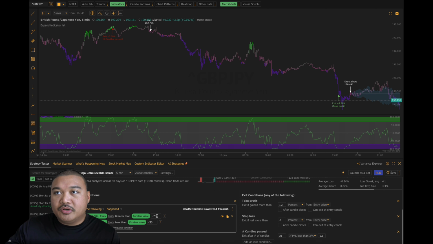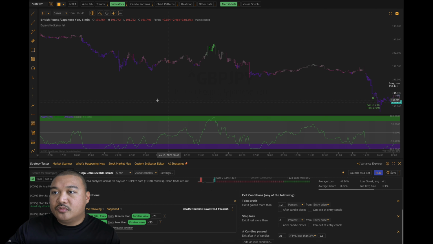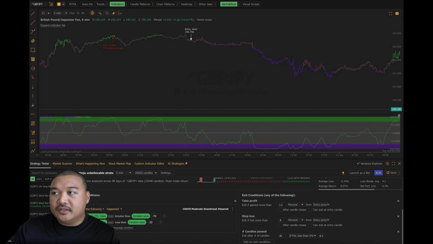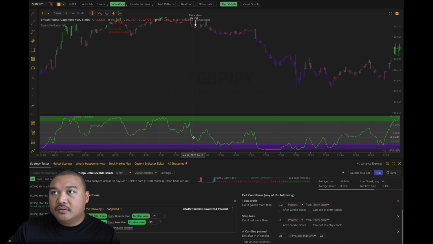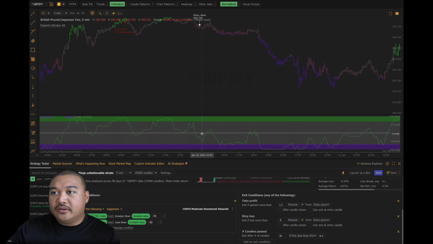Let's zoom in on this particular entry here. Okay, we got an entry to go short, and this particular number is at 25. Oh no, we're greater than minus 70, and we are just below minus 30. There you go. So we're at that point, and it initiates a short here.